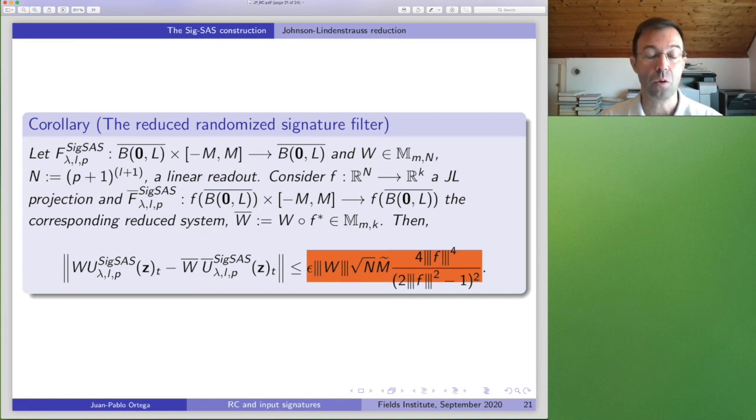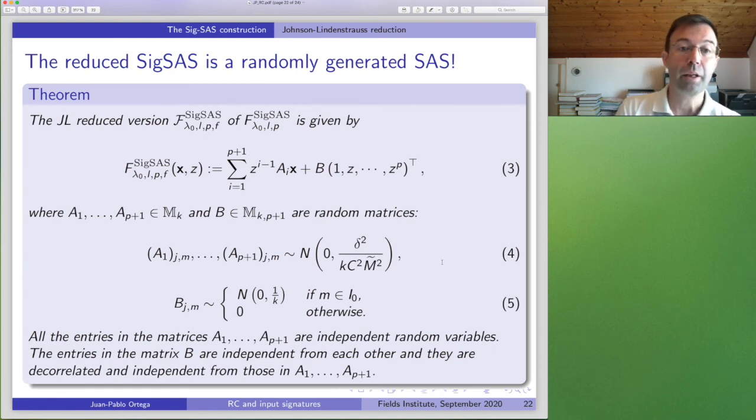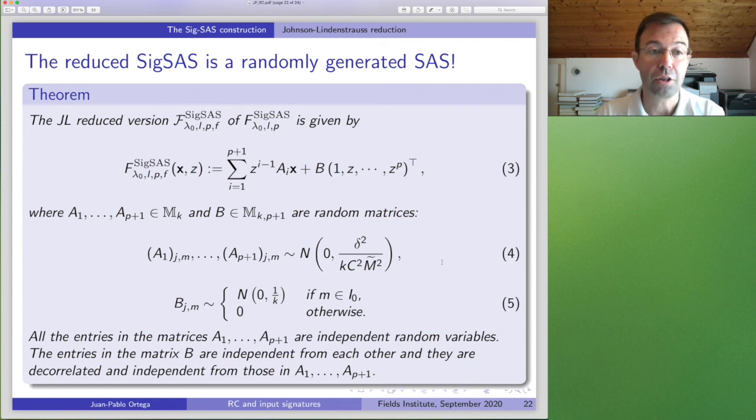Seen like this, it is just a fact. But the importance of that result is not that corollary, it is this theorem, because using various central limit theorems for martingales and various results in stochastic analysis that you will be able to see in the paper, you can prove the following, in my opinion, astonishing fact.